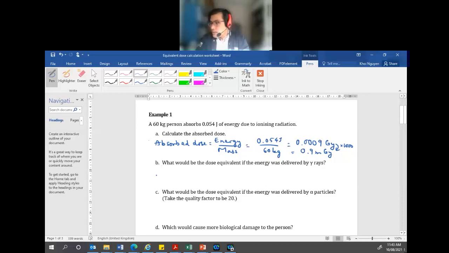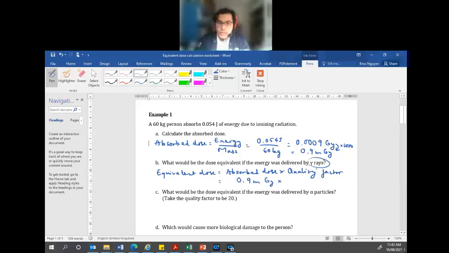Then question B asks, what would be the dose equivalent? So equivalent dose would be the absorbed dose multiplied by the quality factor. Absorbed dose is from the question before, so 0.9 milligray, and multiply by the quality factor.